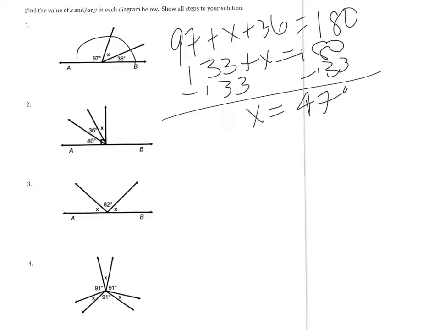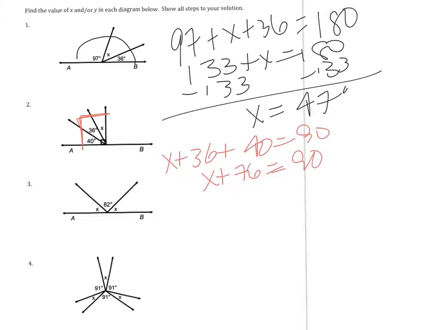On the next example, number 2, we're looking at the fact that this is a right angle. So x plus 36 plus 40 equals 90. x plus 76 equals 90. And x is equal to 14. On the next example, we know that these three angles together add up to 180.